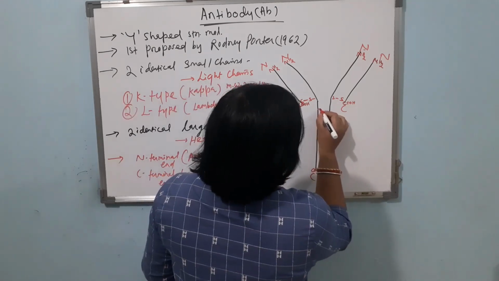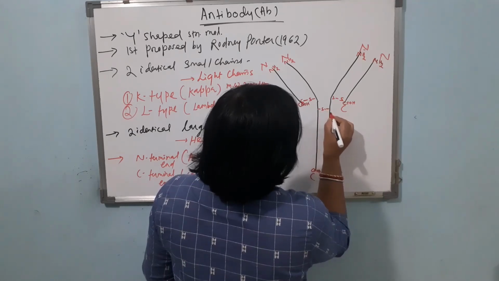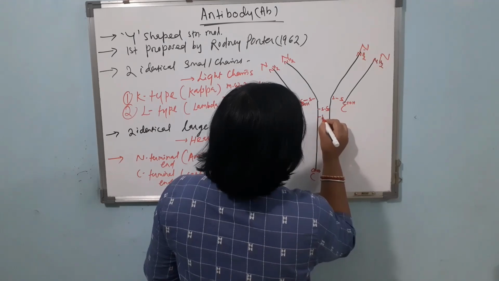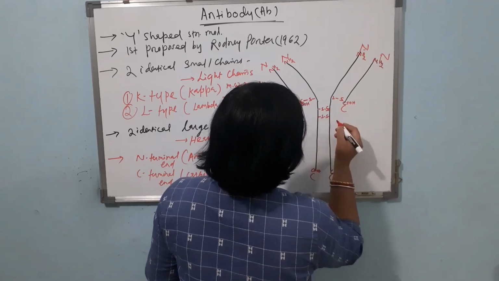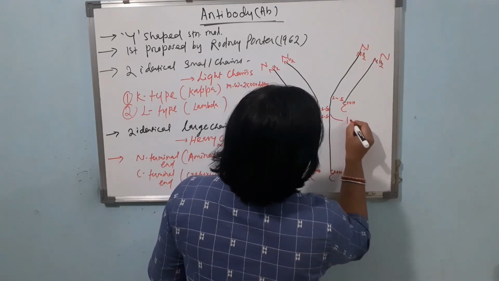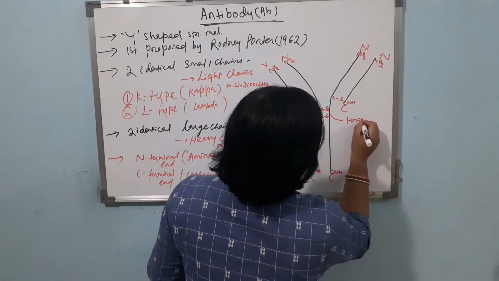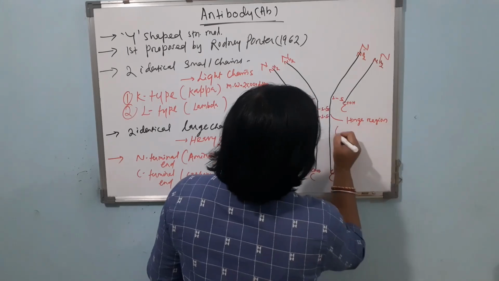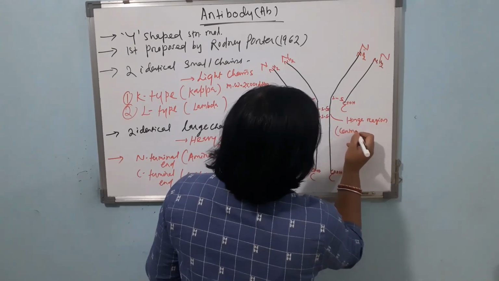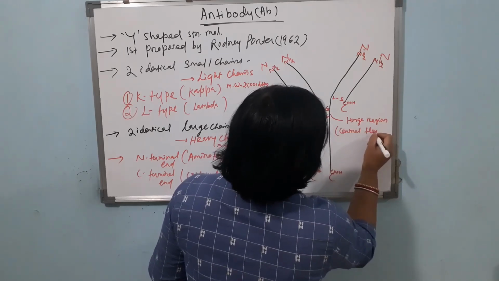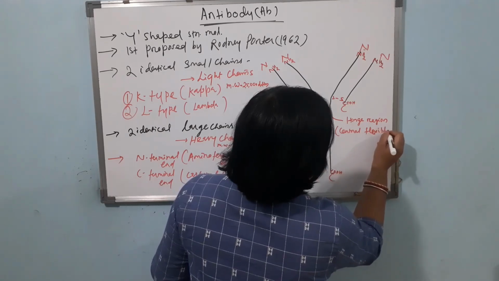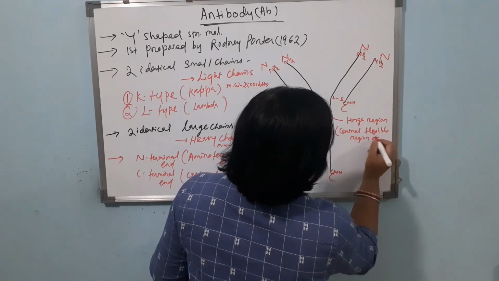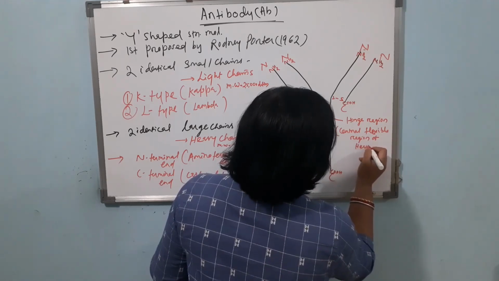Central flexible region is known as hinge region. So, this is the hinge region, which is the central flexible region of heavy chain.